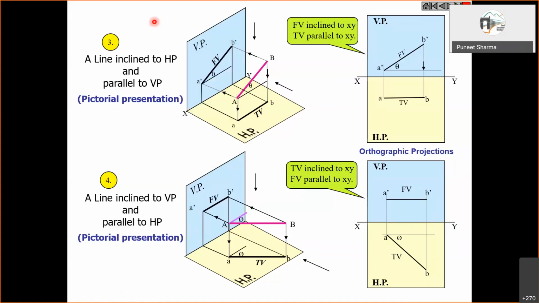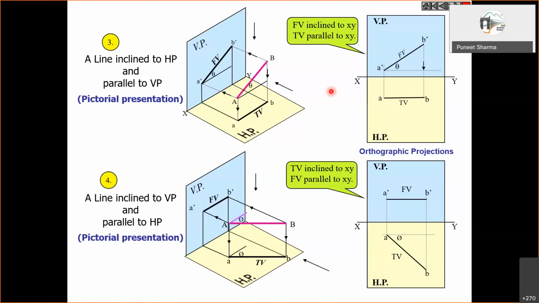So if you are given, say, the endpoint A is by this much distance above the horizontal plane, this much distance in front of the vertical plane, you will be locating A dash and A. This will be your beginning point.